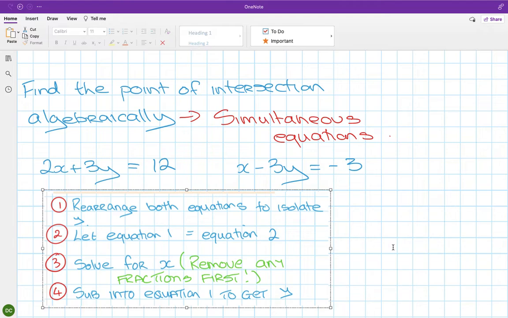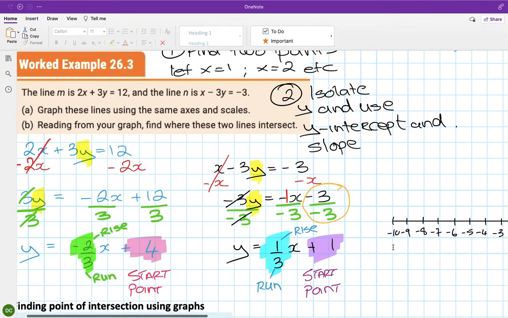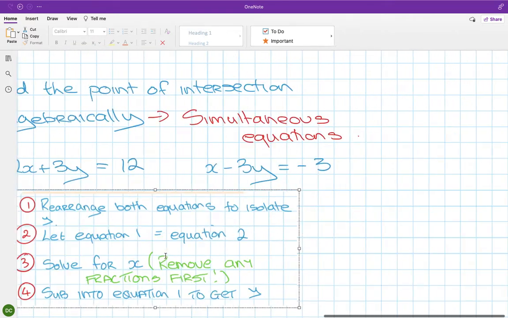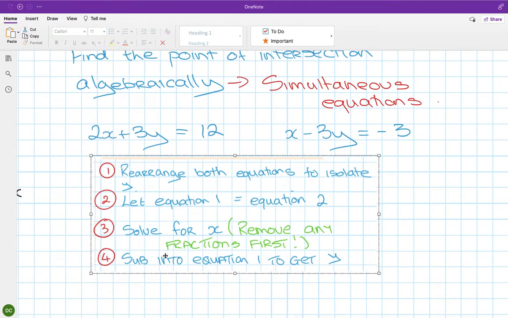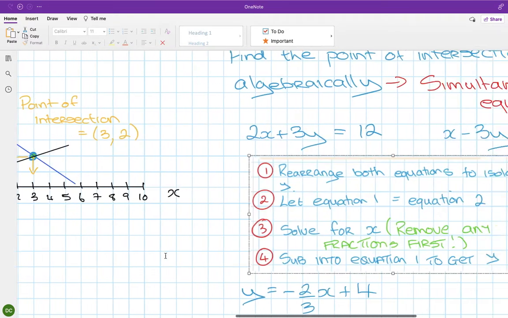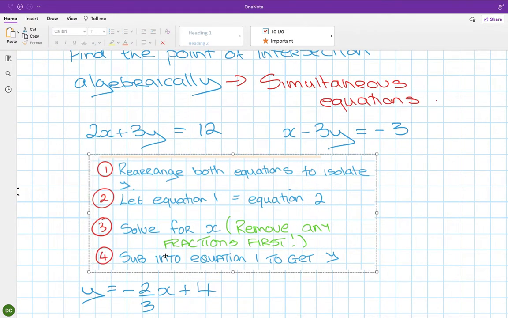You rearrange both equations to isolate y. Okay, I'm not going to do it again because I just did it over here. So I'm just going to take my answers. So y equals minus 2/3 x plus 4 for the first one. And the second one was y equals 1/3 x plus 1. Okay?